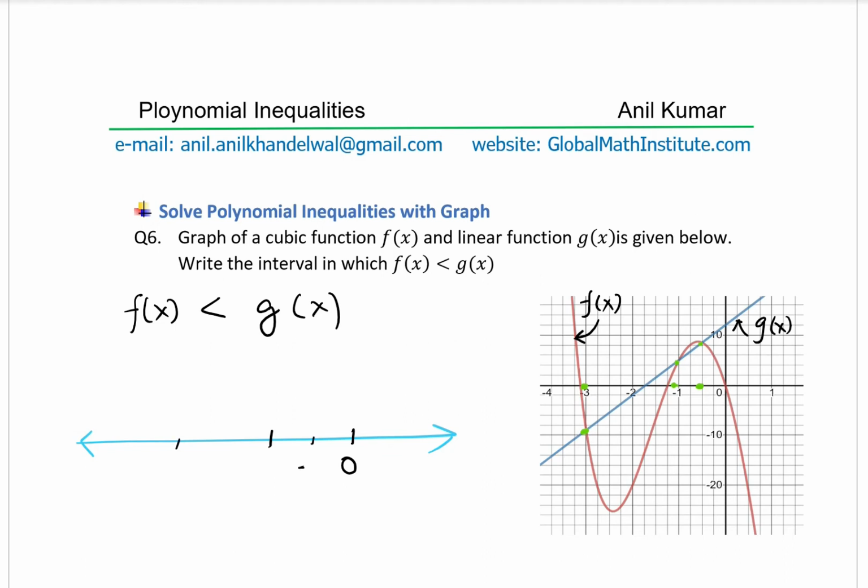So this is minus half, this point is minus 1, and then here we have a point which is 3. Those are the points of intersection. And we want to know when is f of x less than g of x, that means below the line, correct? Below the line. So basically, we are looking into this particular interval.